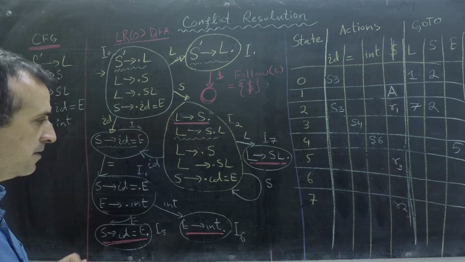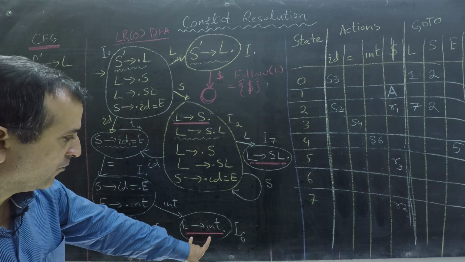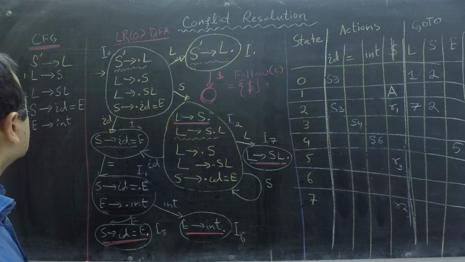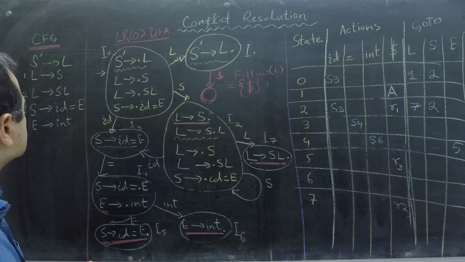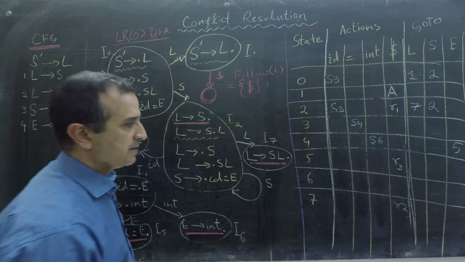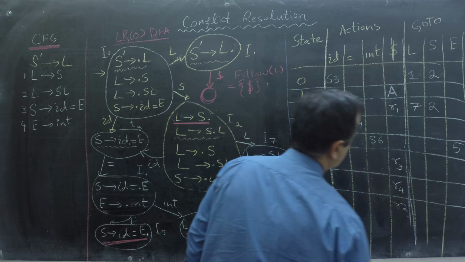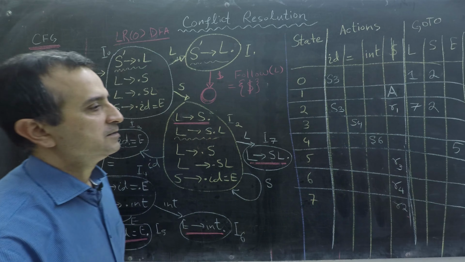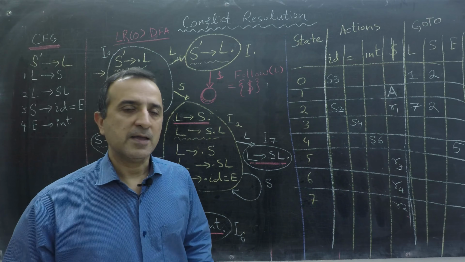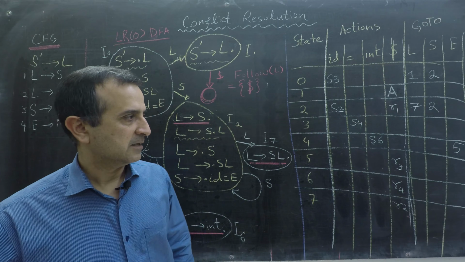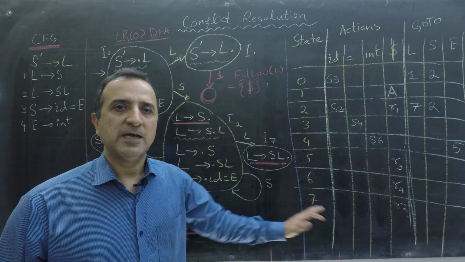Similarly, I will have to compute follow of E, and for this simple example, follow of E is follow of S, which is follow of L. So I have to add R4 also in this cell. And that's it.